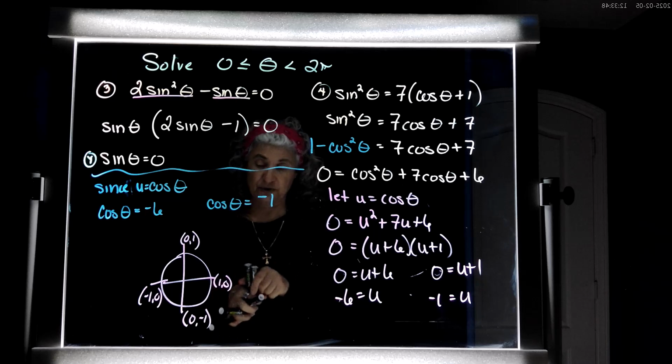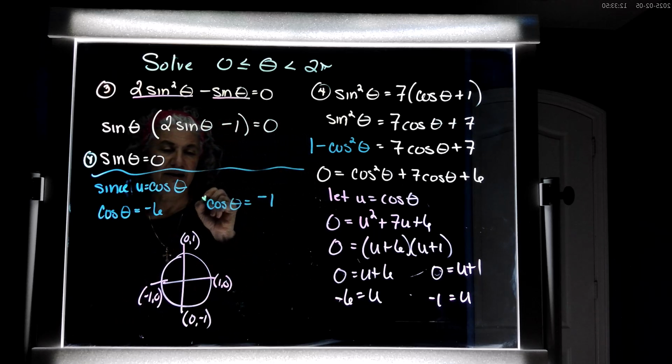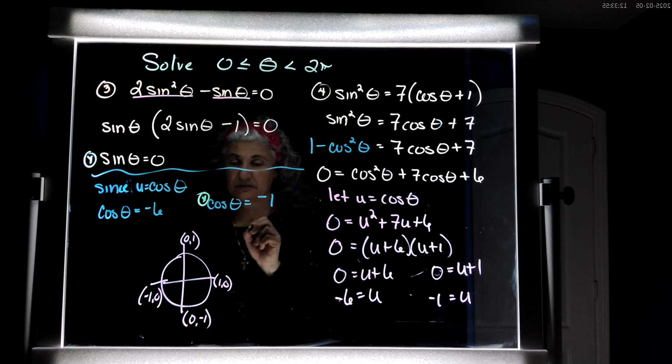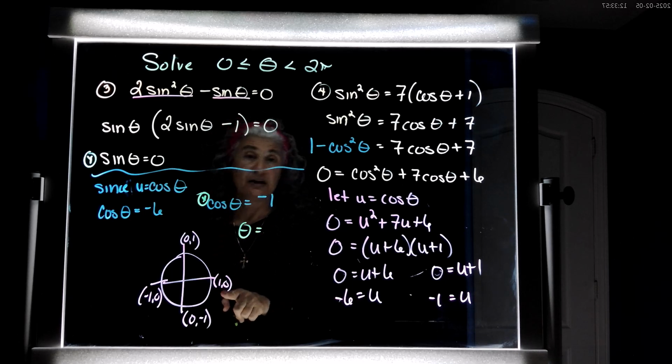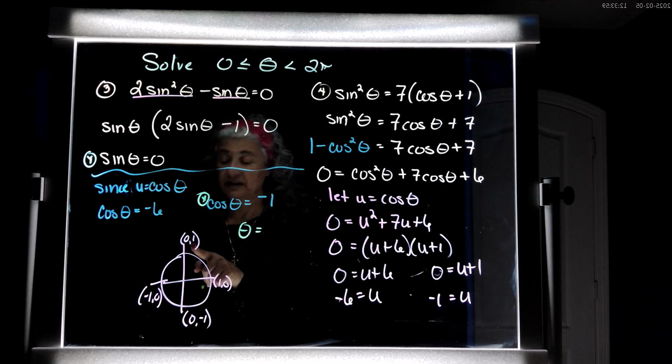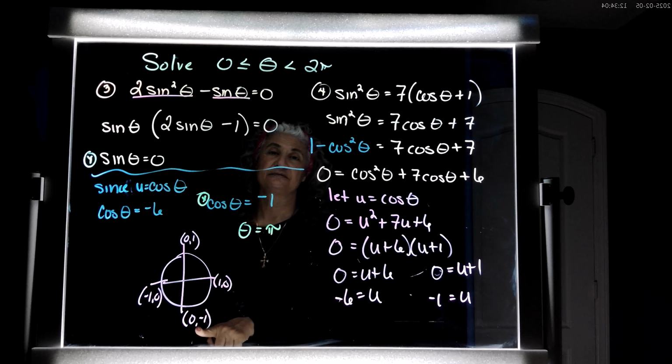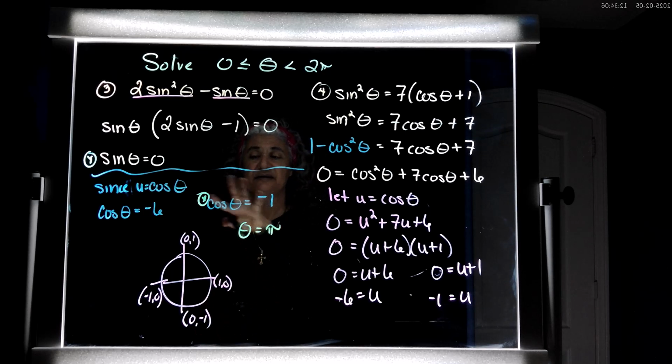Cosine refers to x's, and I need to know which of my x's have a negative 1. Not there. Not there. There, so it's pi. Not there. So in this case, this part of the equation, I have one solution, and theta equals pi.